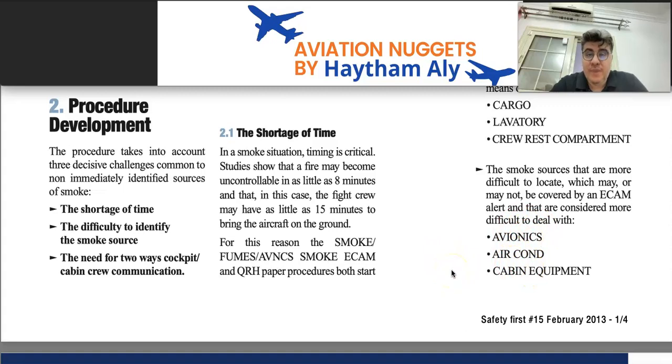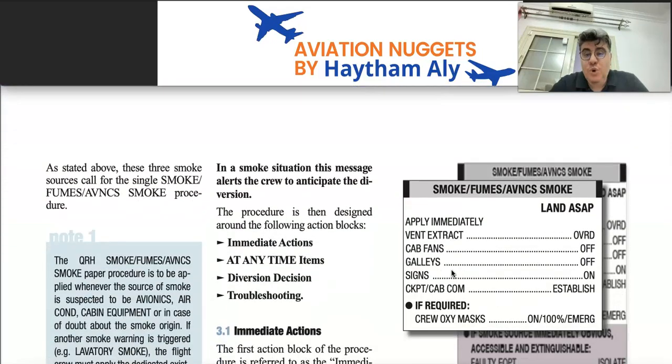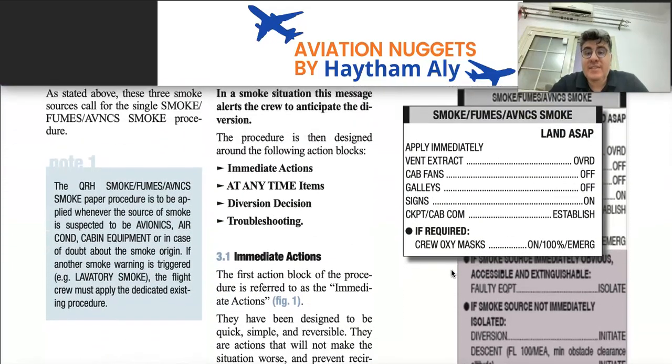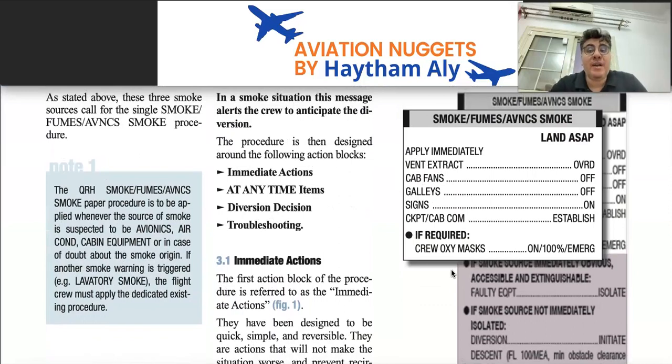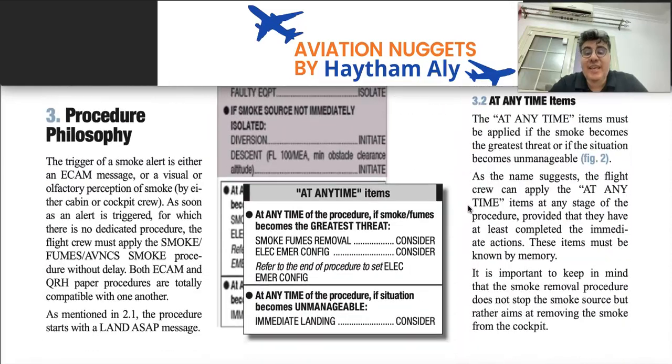So in Part 2 we also discussed the 2 words that you need to remember to do the avionics fumes procedure. What are they? They are ventilation, which is an immediate action, then electrical shedding.